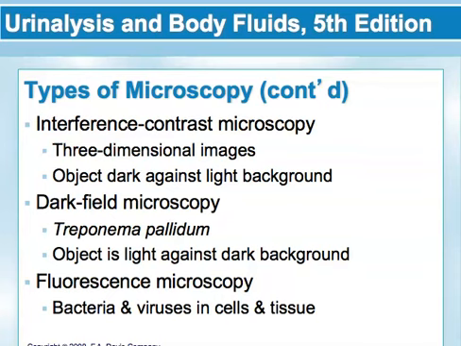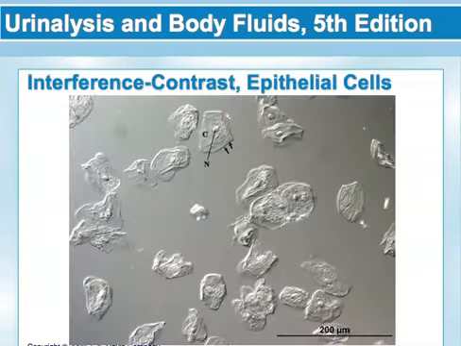And then finally, fluorescence microscopy, which is used to detect bacteria and viruses within cells and tissues. The objects will appear bright against a light background with high contrast when a UV light is used. These scopes require very powerful light sources, so again, you're probably not going to encounter them very often, if at all.